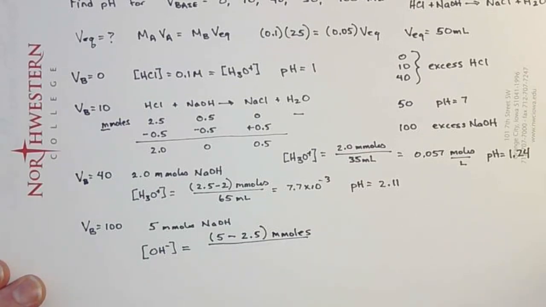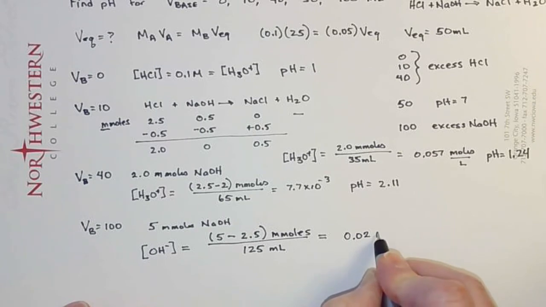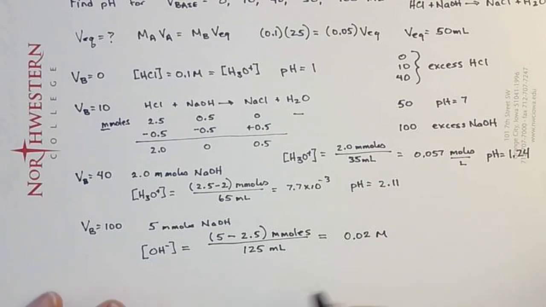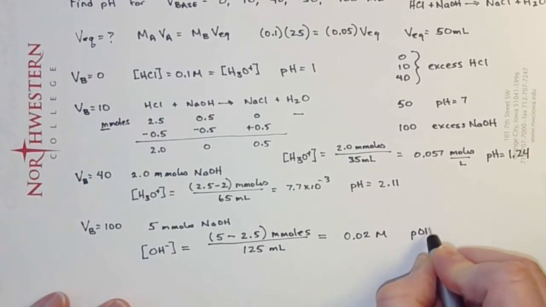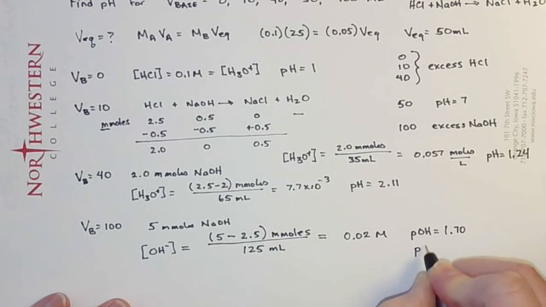So that's the millimoles. We have to divide by the volume, 125 milliliters. That gives us an OH concentration of 0.02 molar, and that leads to pOH being equal to 1.70. The pH then is 12.3.